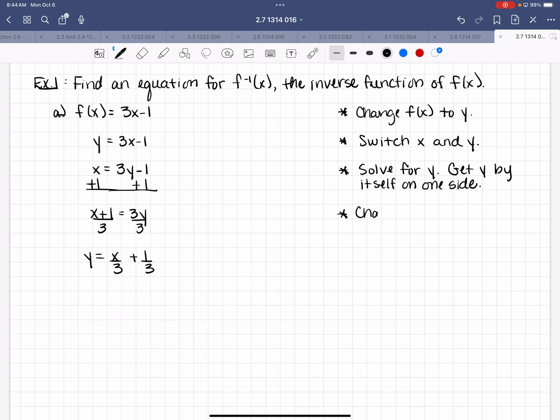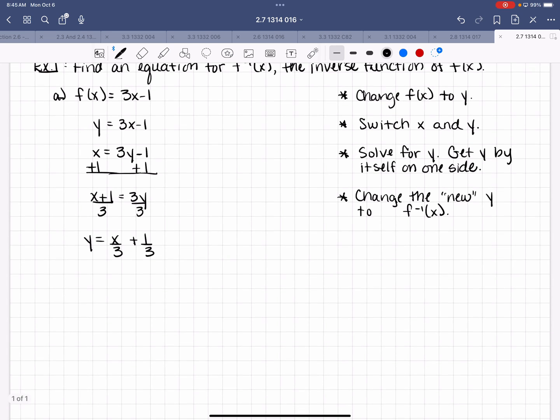And our last step, change the new y to the inverse of f of x. So now I'm just going to take that y and turn it into the inverse of f of x equals x over 3 plus 1/3. And that's your answer.